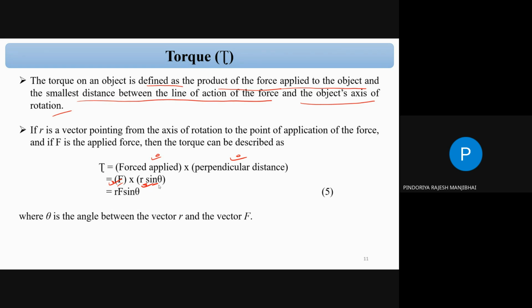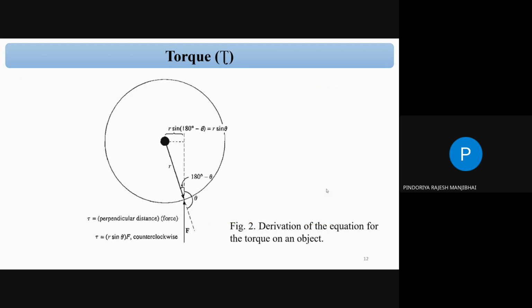Theta is the angle between the vector r and the vector F. Suppose this is r and this is F; the angle between them is theta, and it may rotate clockwise or anti-clockwise. Here is a cylinder and this is its axis, rotating in the theta direction.